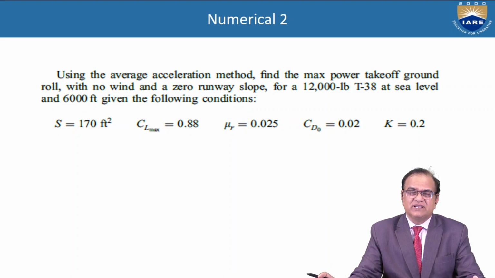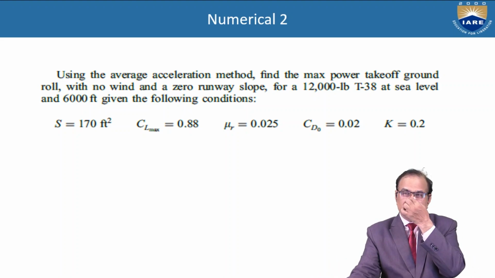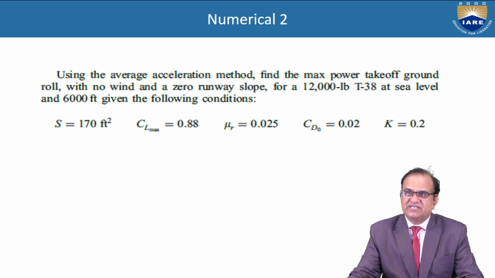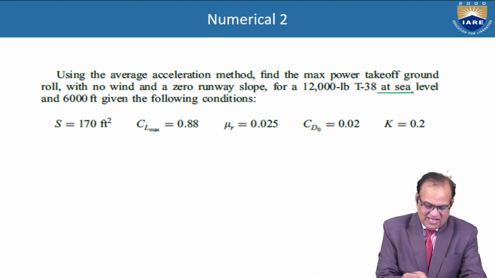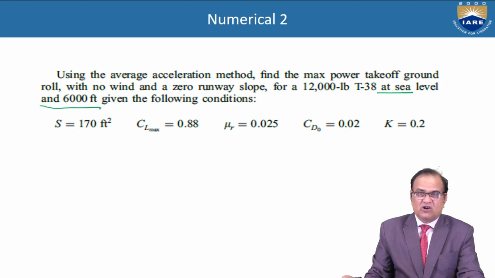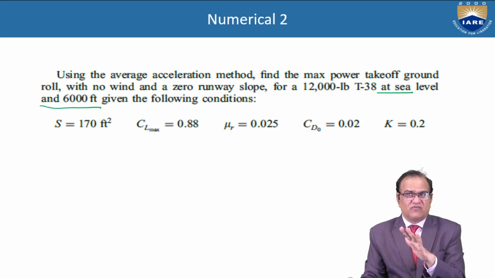There is no wind, wind is zero and the runway is horizontal, for a 12,000 pound T-38 at sea level and 6,000 feet given the following conditions. So here we have two conditions, at sea level and another at 6,000 feet.